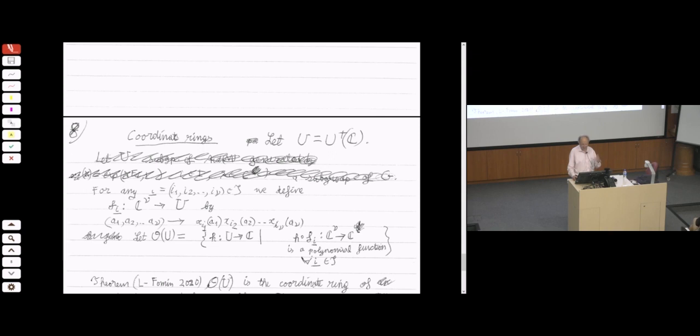If you want to understand this group, you would like to know explicitly what this algebra of regular functions on U is. By the way, there's a similar result for G itself, but again, to simplify for this lecture, I will only talk about U instead of G.